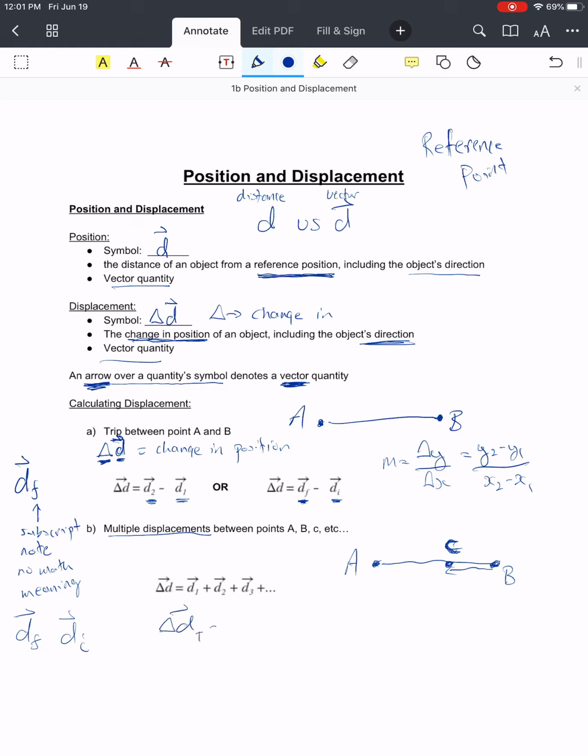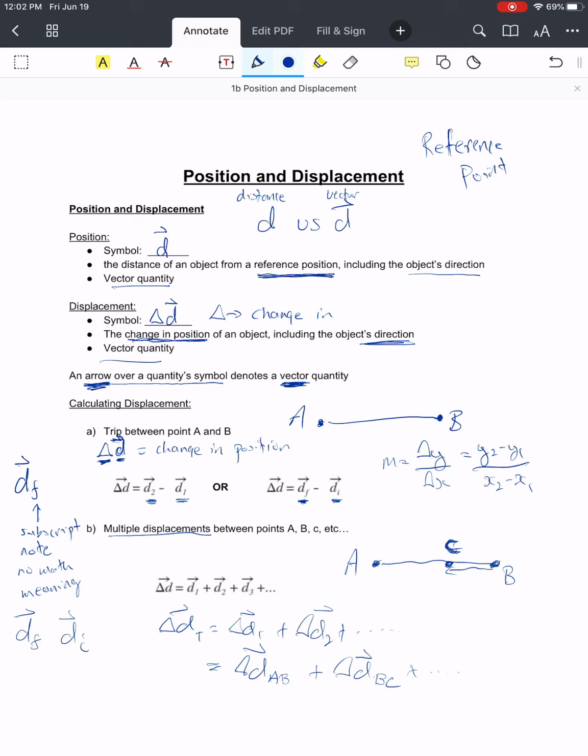Your total displacement is equal to your displacement 1 plus your displacement 2 plus, and you can continue going. So for example, in the example that I drew, your first displacement is from A to B. Your second displacement is from B to C. And you could continue doing this for as many displacements as you want.